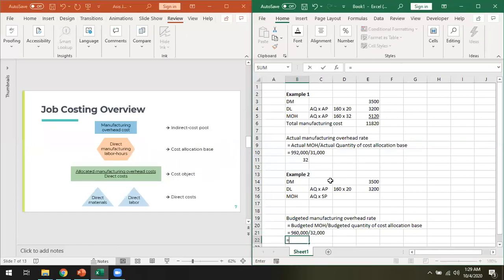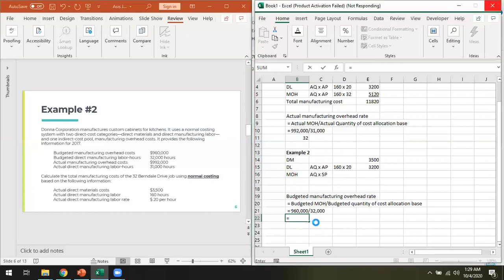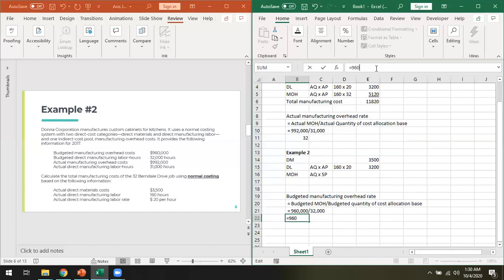So we get the budgeted manufacturing overhead rate of 960,000 divided by 32,000. So the budgeted manufacturing overhead rate is 30. So we multiply the actual direct manufacturing labor hour with the rate, which is 30.